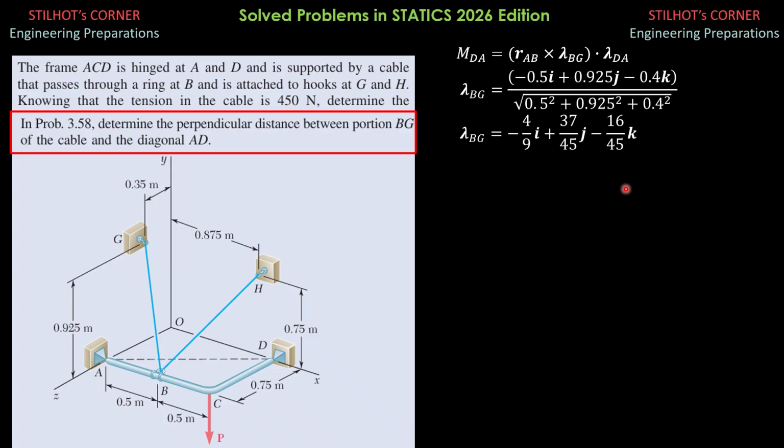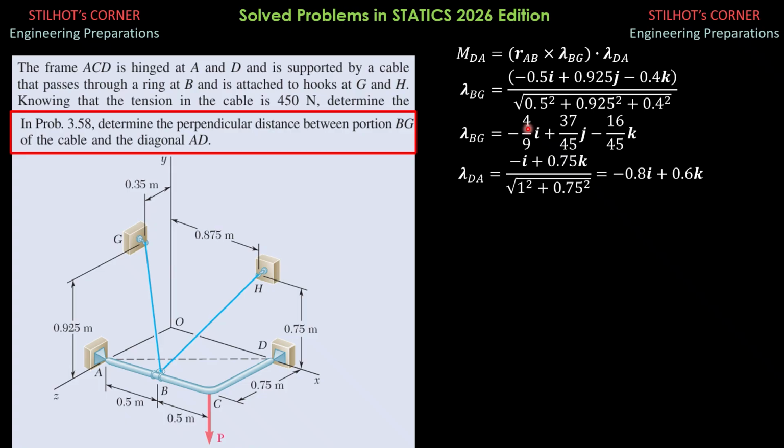Next we have lambda of DA. Lambda of DA is negative 1 I positive 0.75 K divided by square root of 1 square plus 0.75 square. So it is negative 0.8 I plus 0.6 K. We now input this into the 3 by 3 matrix where the first row would be the components of position vector AB, which is 0.5, 0, 0.